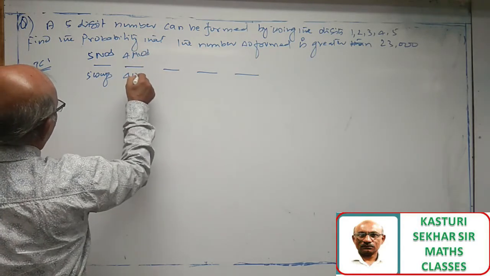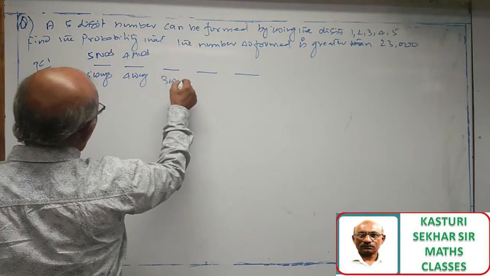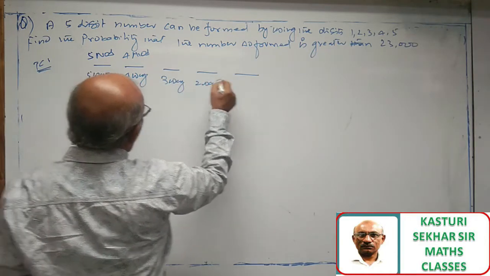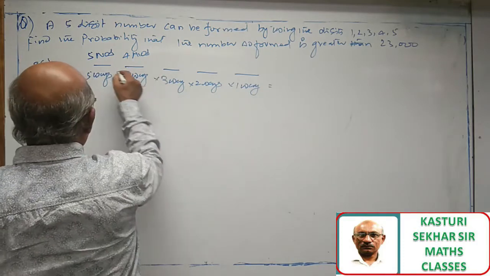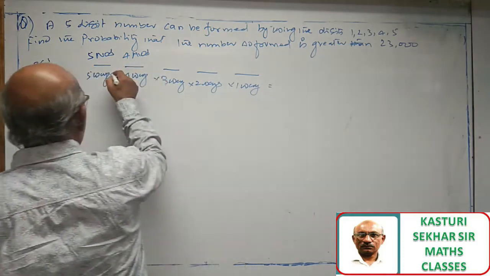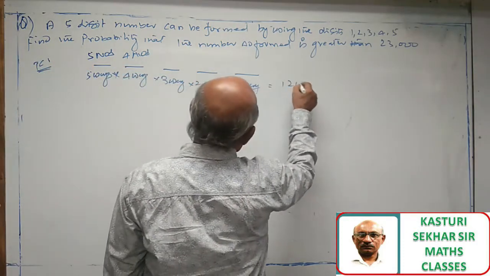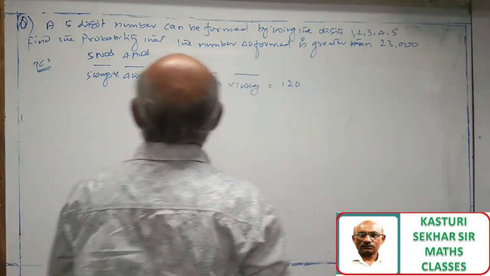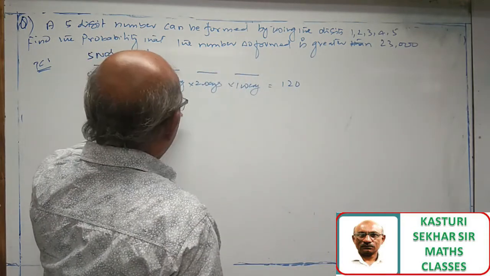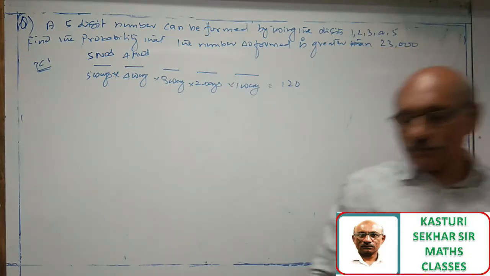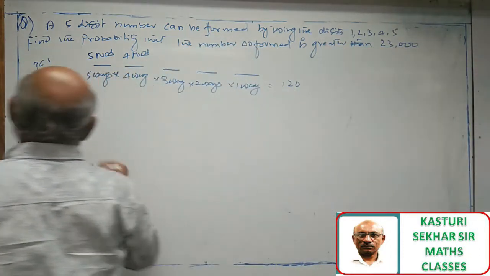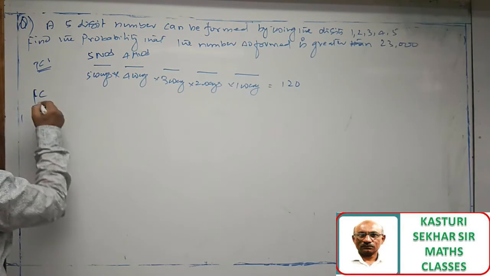This place can be filled in 4 ways, 3 ways, 2 ways, 1 way. So all the places you have to fill up simultaneously. This is 120, 5 factorial. 5 fours are 20. 20 into 3, 60. 60 into 2, 120. Now let us go for favorable cases.